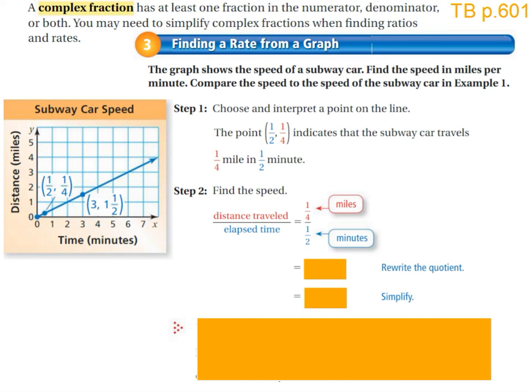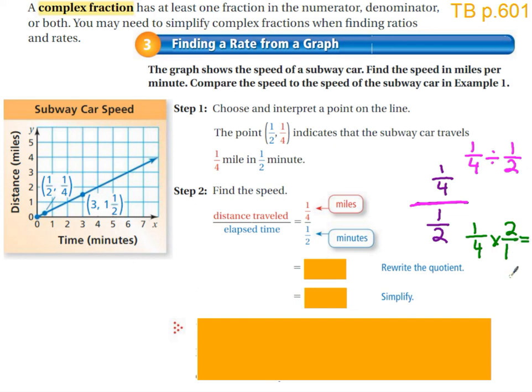Now, I have mentioned multiple times this year that a fraction is simply a division problem. So when I have 1/4 over 1/2, the middle line right here, our fraction bar, simply means to divide. So I can take 1/4, divide it by 1/2. Remember the rules for division are keep it, change it, flip it.